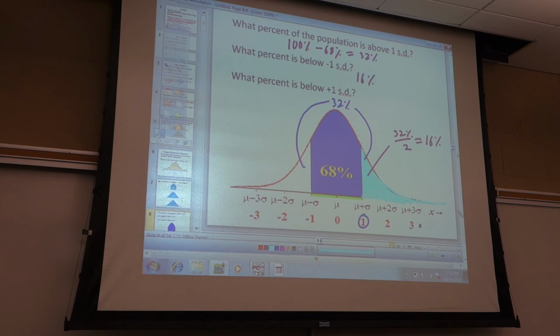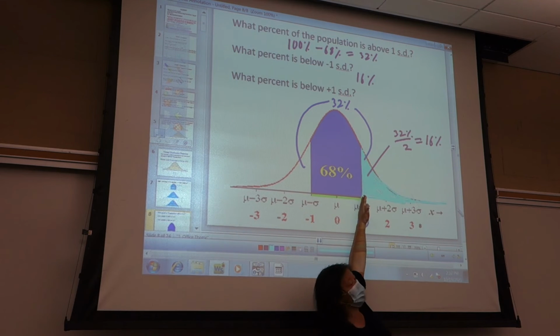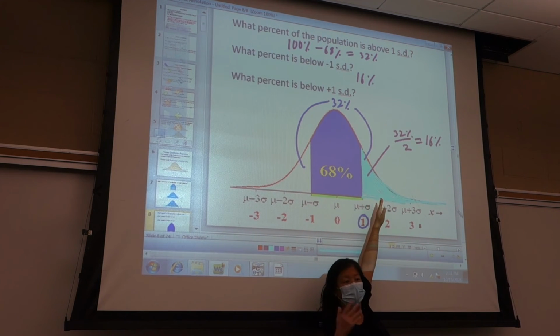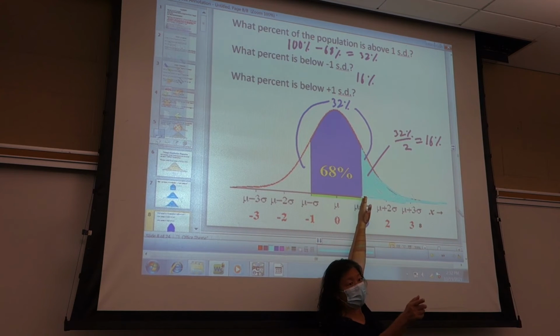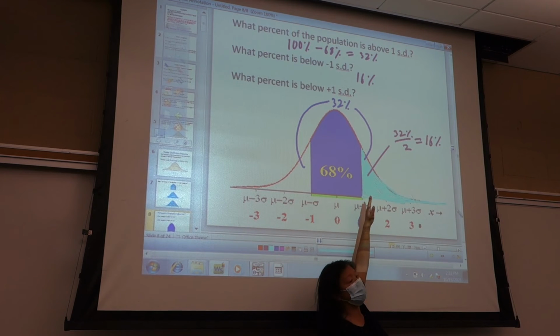Good. So the last question is, what percent is below 1 standard deviation? So what percent is above 1 standard deviation? 32 divided by 2, 16%. What percent is below 1 standard deviation?